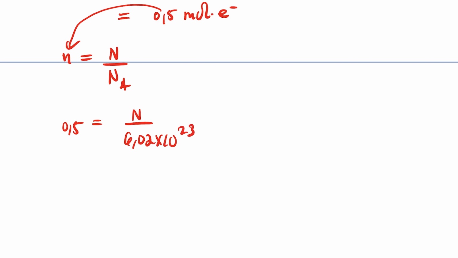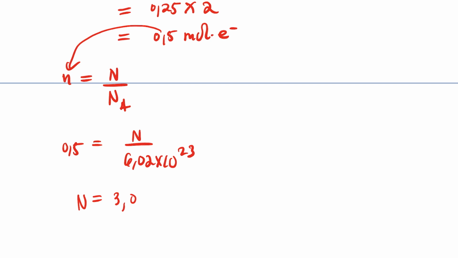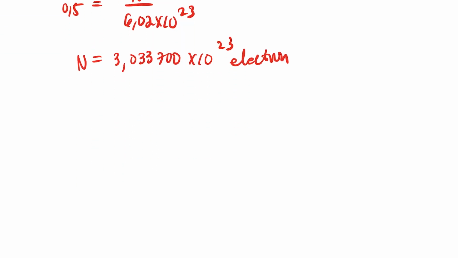So when you punch that in the calculator, 3.01 times 10 to the power 23 electrons. And then we're going to change those electrons by using the quantization of charge.